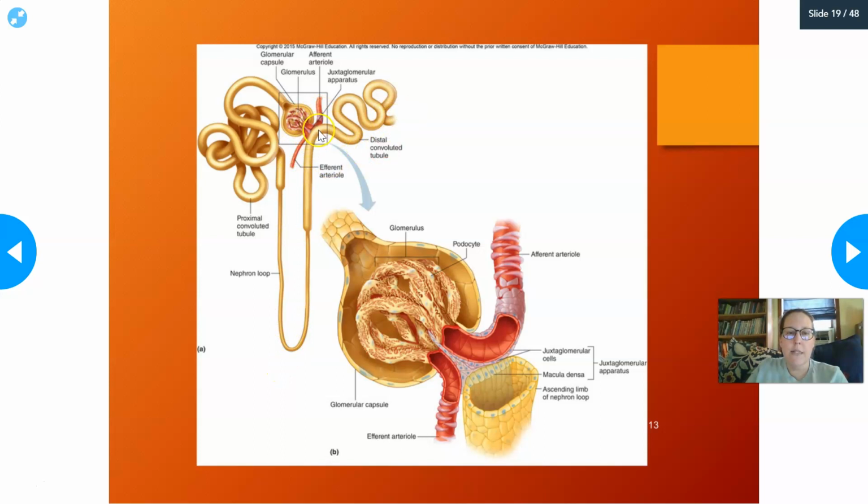So as you can see here, the distal convoluted tubule comes near the glomerulus, and if you zoom in, we have our large afferent arteriole, our smaller efferent arteriole, and then we have the macula densa, and the juxtaglomerular cells are right here. They're smooth muscle cells that are right here, wrapped around this afferent arteriole. Okay, and together, this sensory system here makes the juxtaglomerular apparatus.